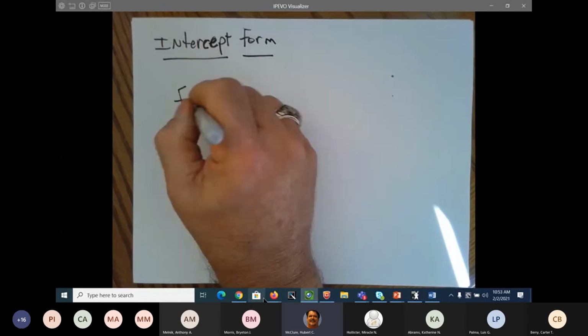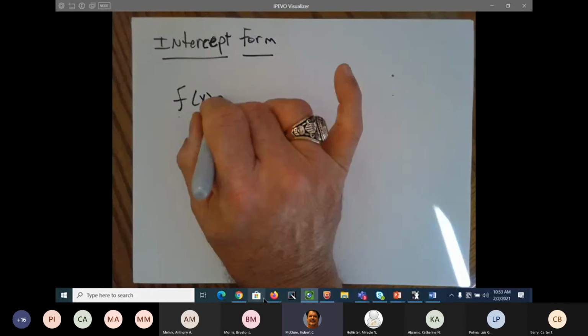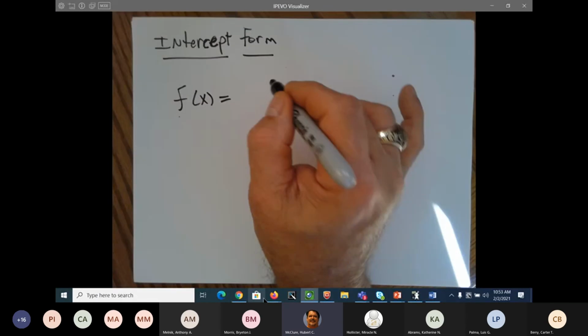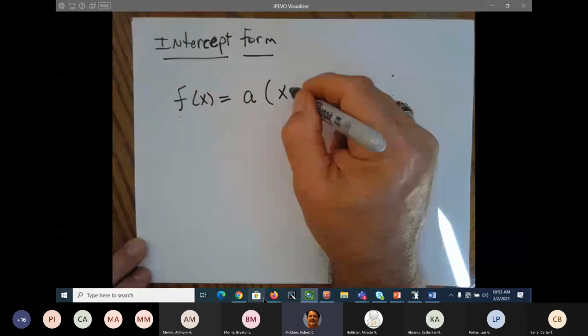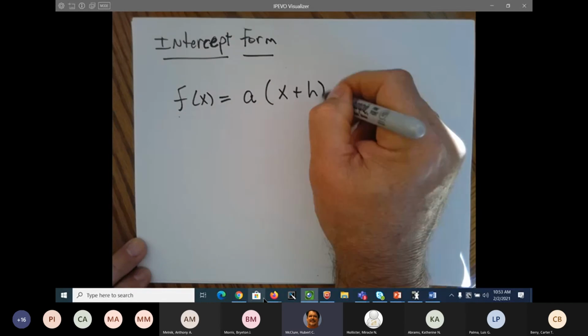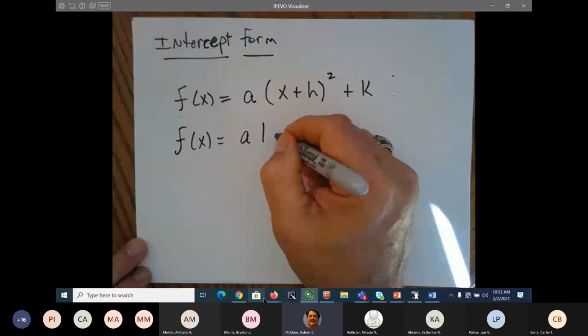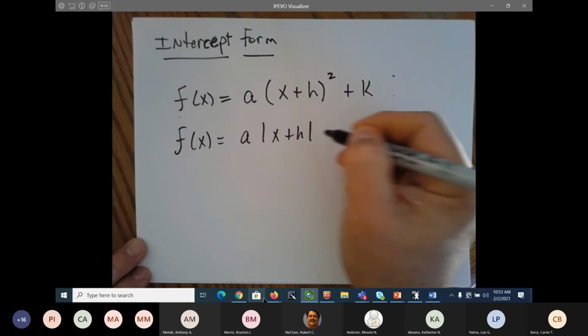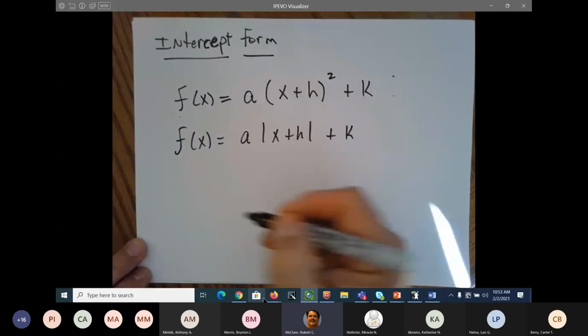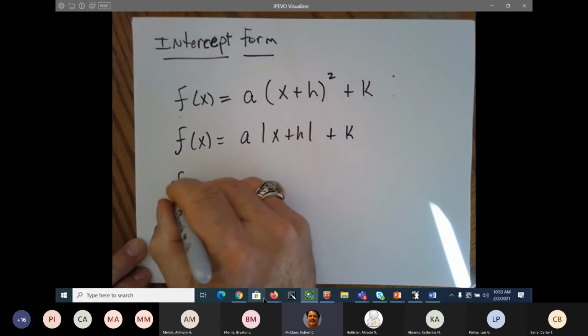F of x is equal to A times (x plus h) quantity squared plus k. F of x is equal to A times the absolute value of x plus h, plus k. F of x is equal to (x plus h) to the 3rd power plus k. And there's an A there, sorry.